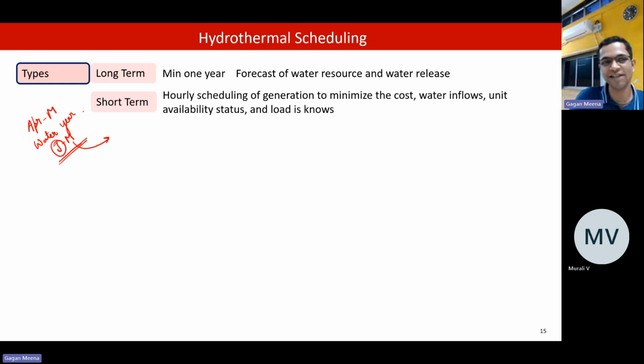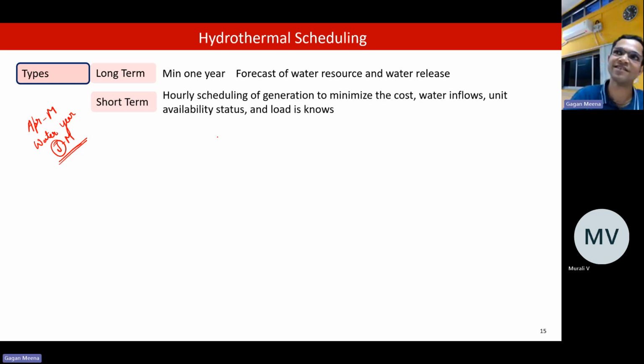But that is not so easy. Let's say IMD made a prediction that next year there will be very heavy rainfall, more than the normal average rainfall.